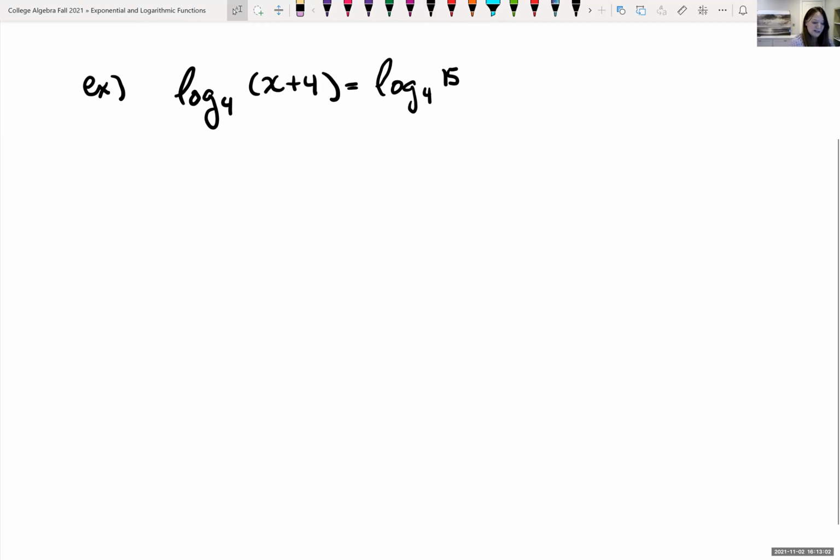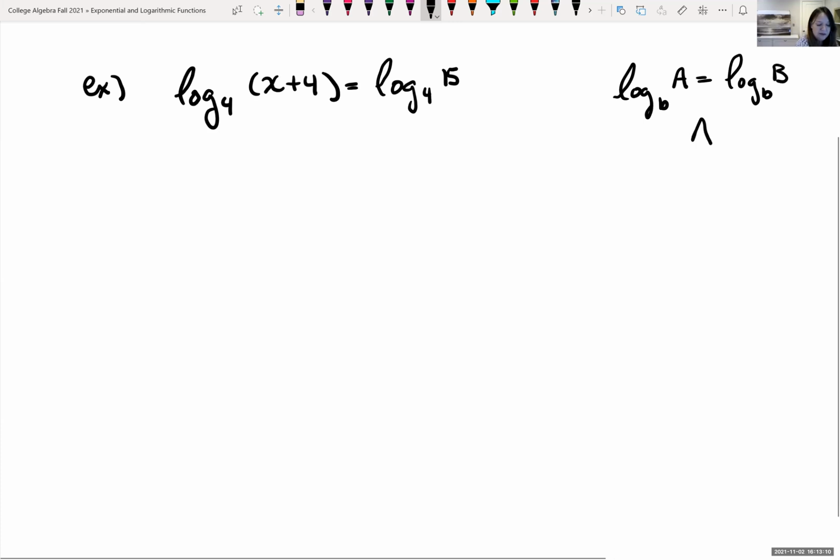There was a rule that said if you had a log base b of a equal to log base b of, say, capital B, then a is equal to B. So as long as our bases are the same, which they are, then we can just kind of think of it as dropping the log and saying x plus 4 would have to be 15 then. So if I subtract 4 on both sides, I would get x is equal to 11.